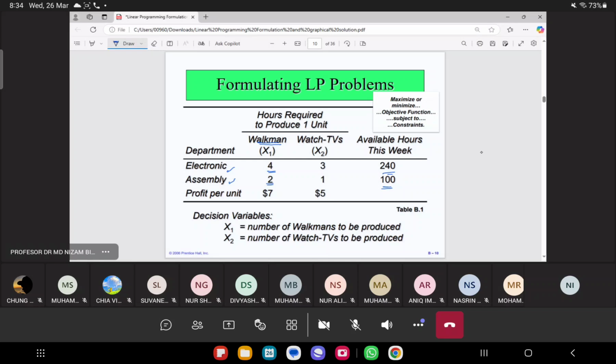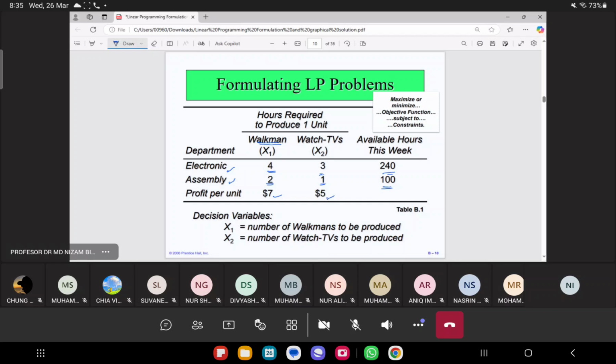For the Watch TV, it requires a different amount of resources: 3 hours of electronics time and 1 hour of assembly time to produce one Watch TV. Right? If you make one Walkman, your profit is $7, and if you make one Watch TV, your profit is $5.